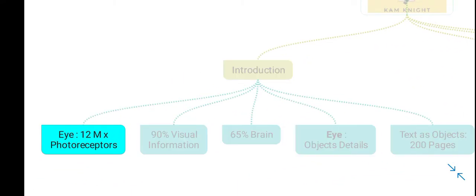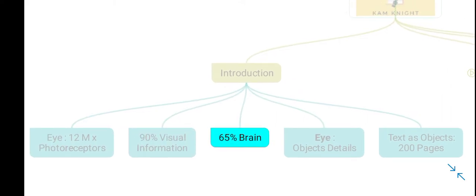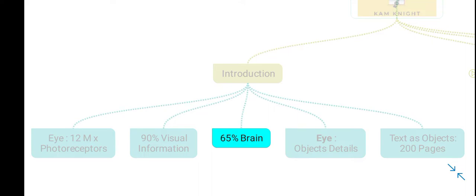Your eyes contain around 12 million photoreceptors, and for the same reason 90% of the information we receive is visual, and 65% of our brain capacity is used to process this visual information.